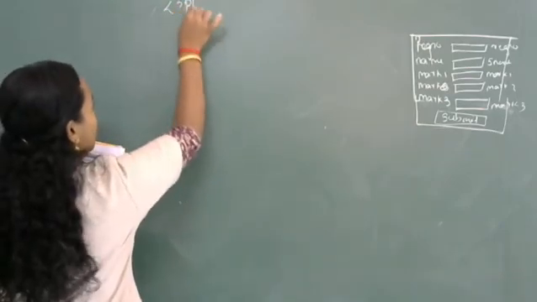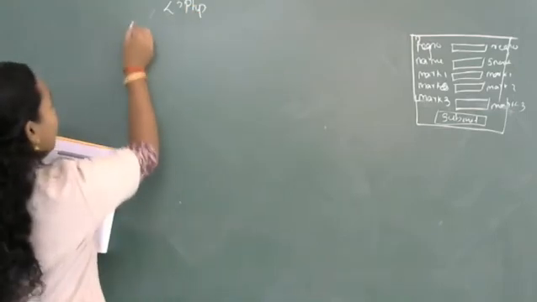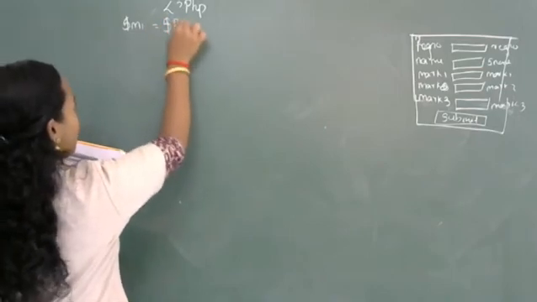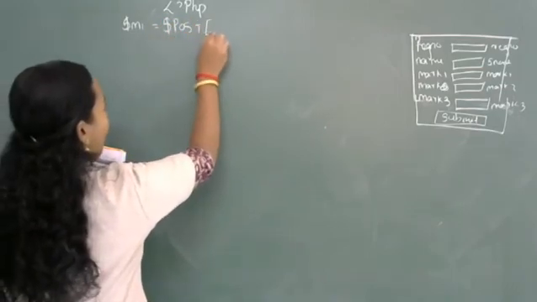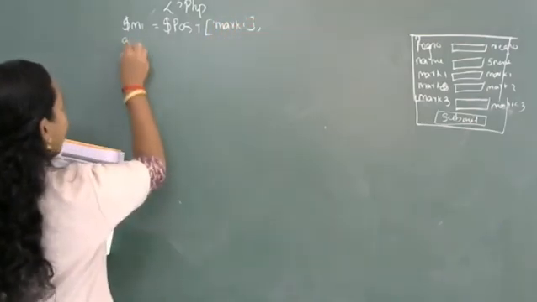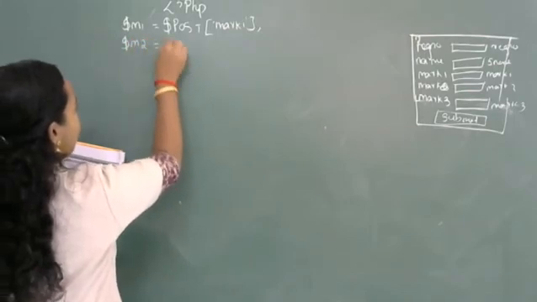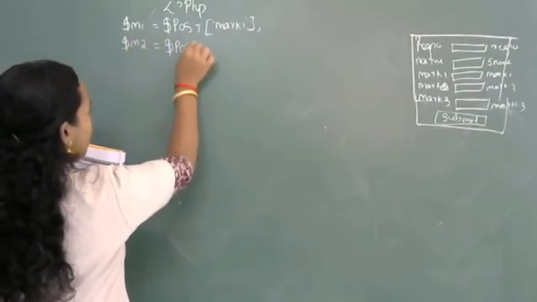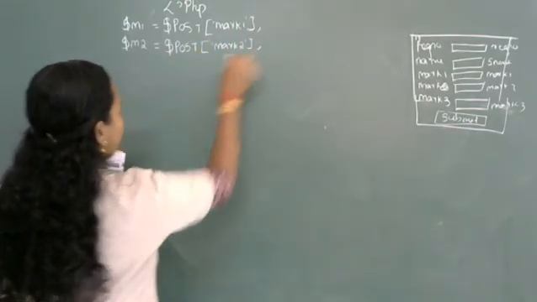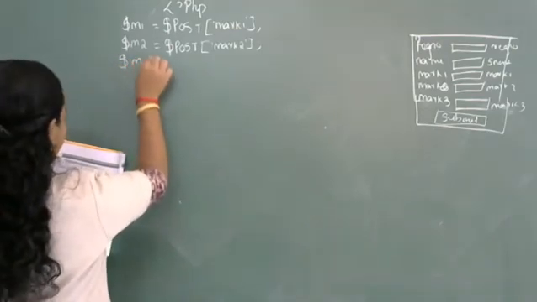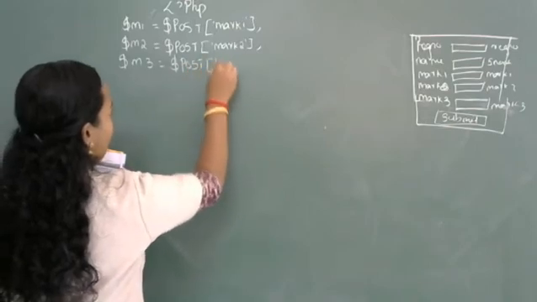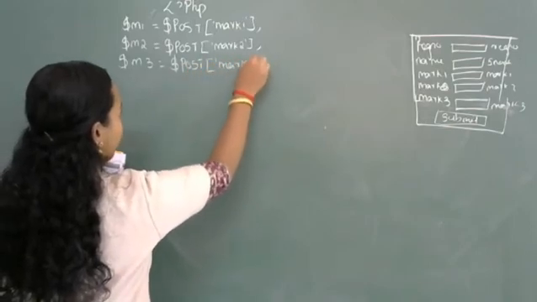Open the PHP program. $M1 is equal to $_POST of mark 1. $M2 is equal to $_POST of mark 2. Then $M3 is equal to $_POST of mark 3.